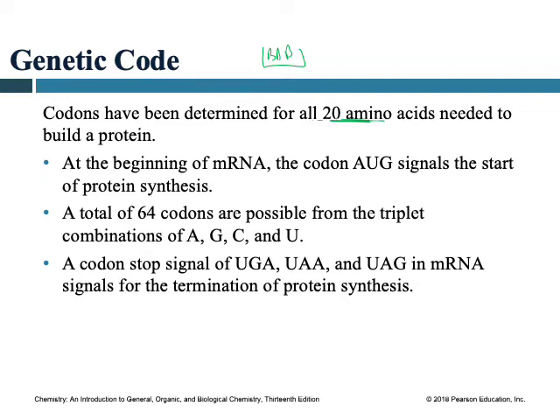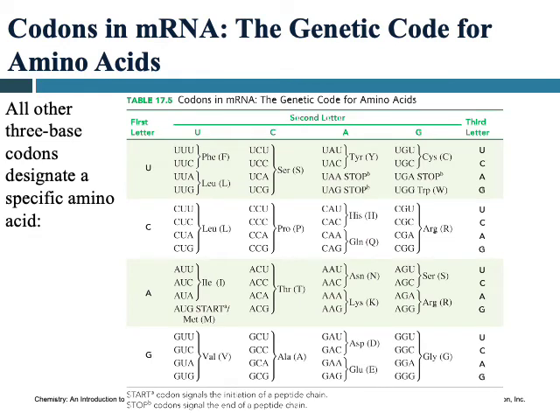So let's go over here. Scientists have made a sequence of 3 nucleotides that correspond to one specific amino acid. We have 4 bases in RNA: uracil, cytosine, adenine, and guanine.